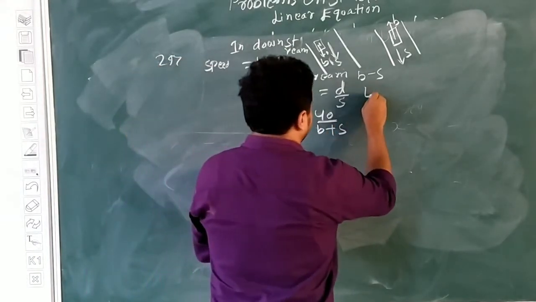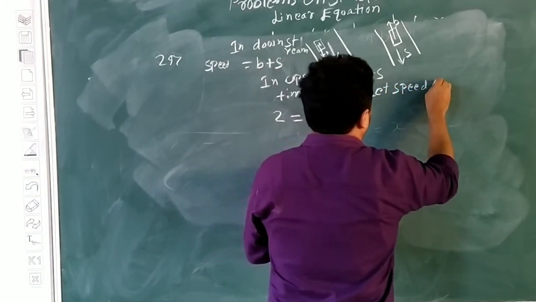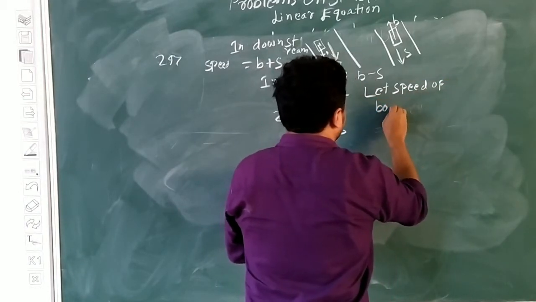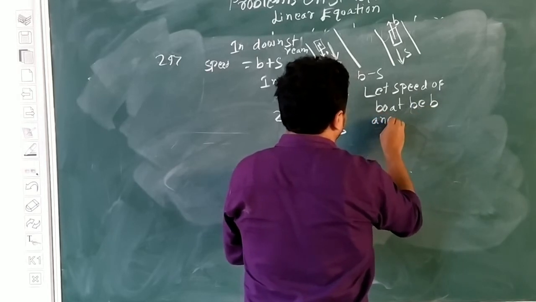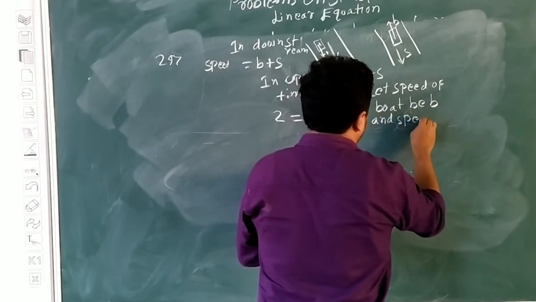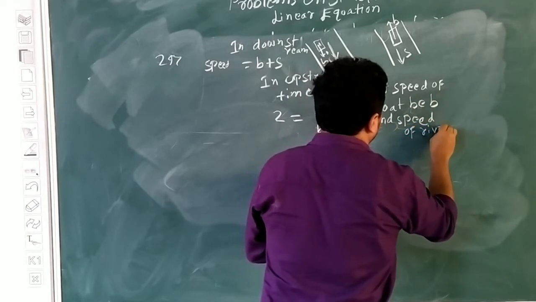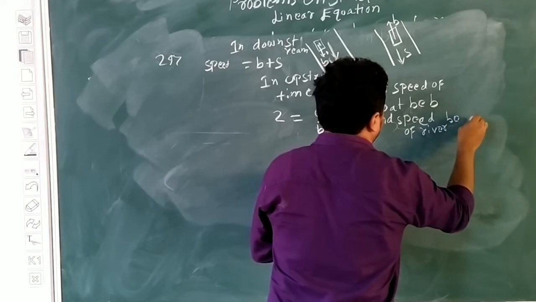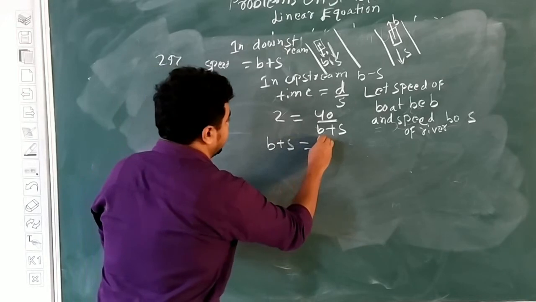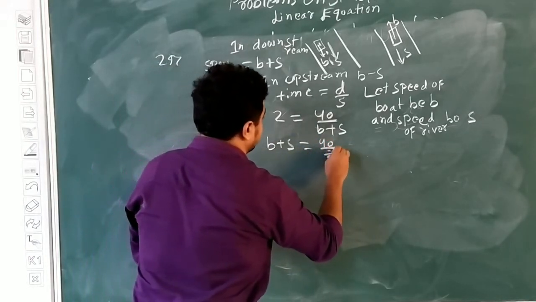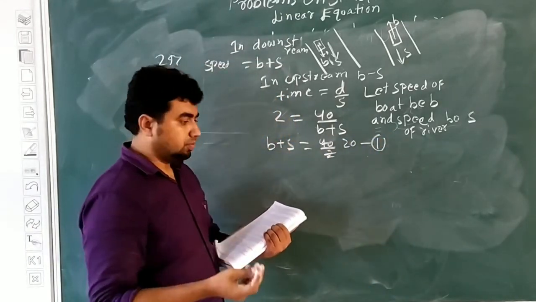I am taking let speed of boat be v and speed of river or stream be s. So v plus s will be equal to 40 by 2, which comes out to be 20. So v plus s is 20. This is in the case of downstream.